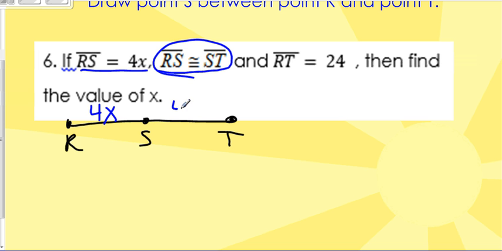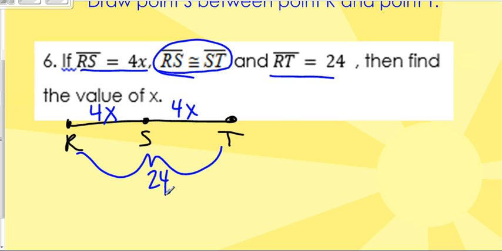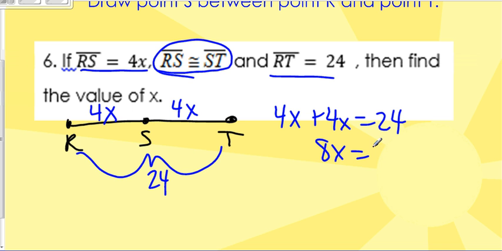So that means ST is also going to be 4x. Then they tell us RT is 24. So part plus part equals whole would set up 4x plus 4x equals 24, or 8x equals 24. Divide by 8, x equals 3.